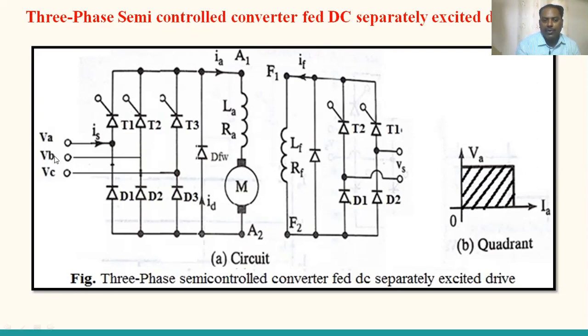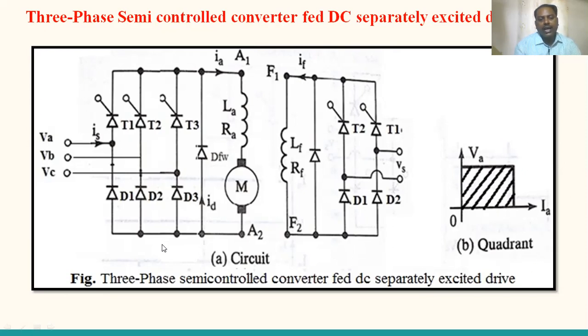Therefore, as power is transferred from source to the load, the average output voltage and average output current are both positive, so the power developed is positive, which is in the first coordinate, that is the forward motoring. So VA versus IA is in the first coordinate. This should be the forward motoring.